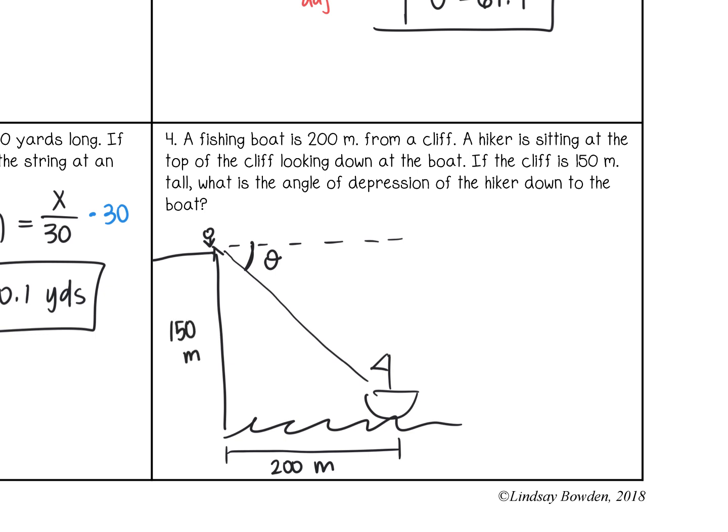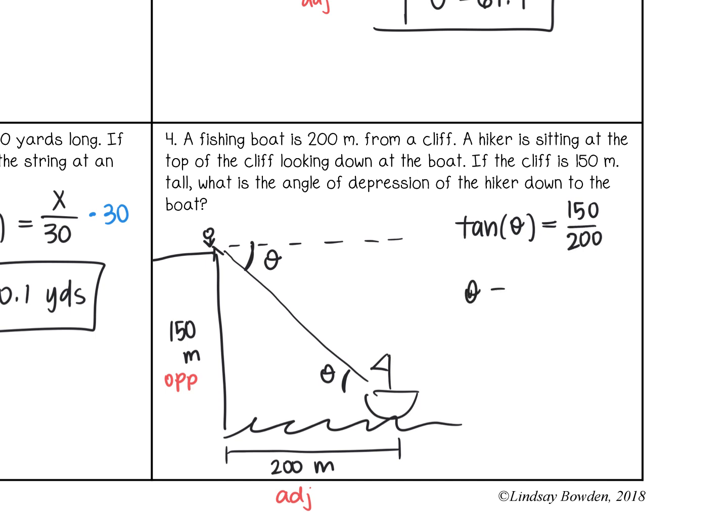The angle of depression from something at the top is the same thing as the angle of elevation from the ground. So my angle of depression from the hiker to the boat is the same as the angle of elevation from the boat to the hiker. So we have the opposite and the adjacent sides. So we're going to be using tangent. Tangent of theta equals 150 over 200.